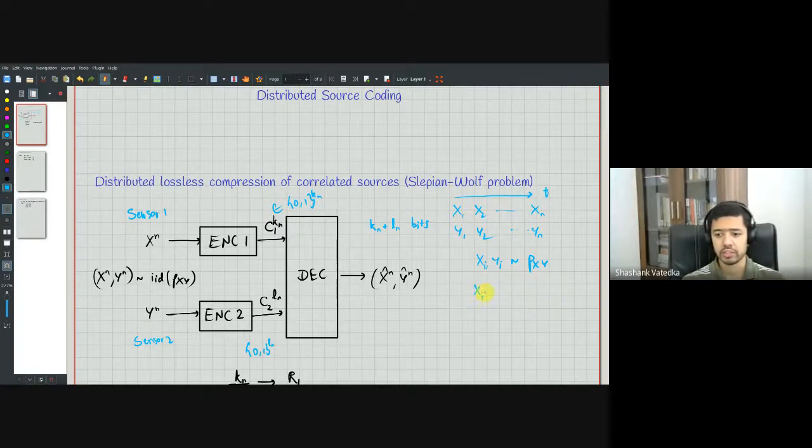So xi yi is independent of xj yj, where i is not equal to j. All the n components are independent and identically distributed, but each xi and yi are correlated with respect to each other. That is going to be the assumption.